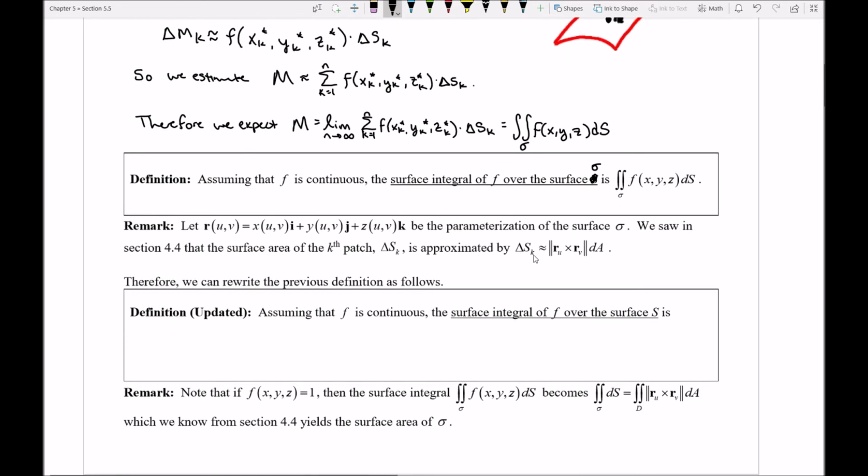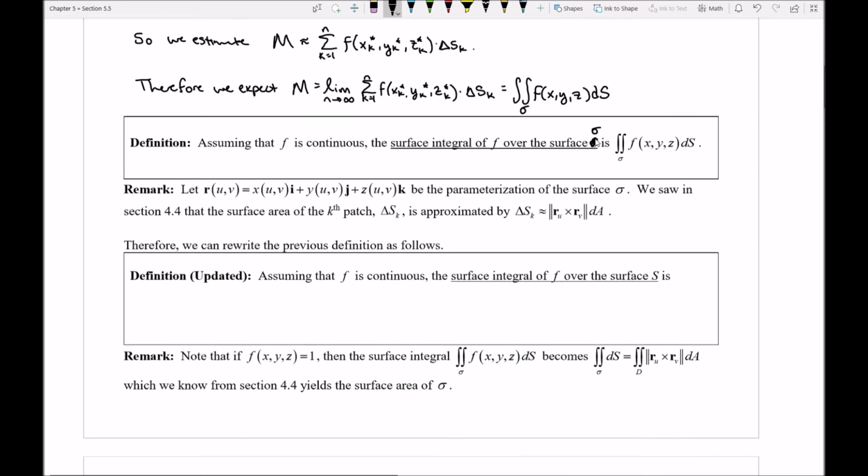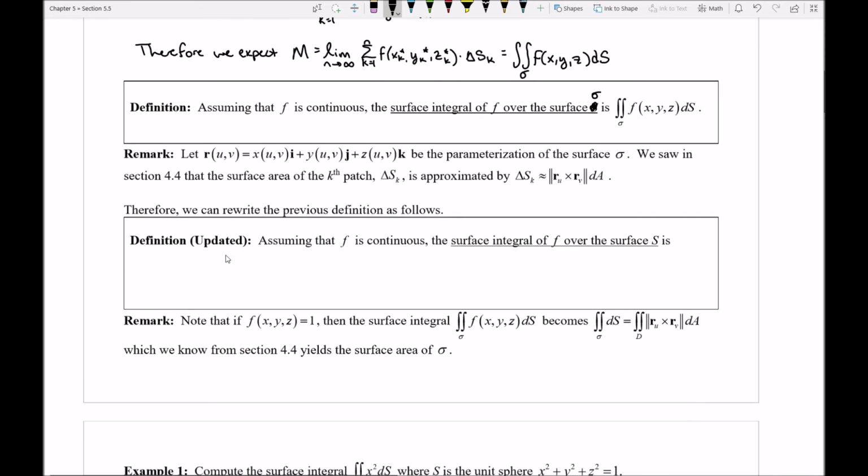So if my delta S sub k can be replaced with this, notice then that I can go ahead and update what's going to be happening in my integral. So my updated definition would say that assuming that my function's continuous, the surface integral over my surface, again, that should say sigma, my apologies, is going to be the same as what we had stated before, but when I make the appropriate change here, I'll be able to see this becomes much easier to compute.